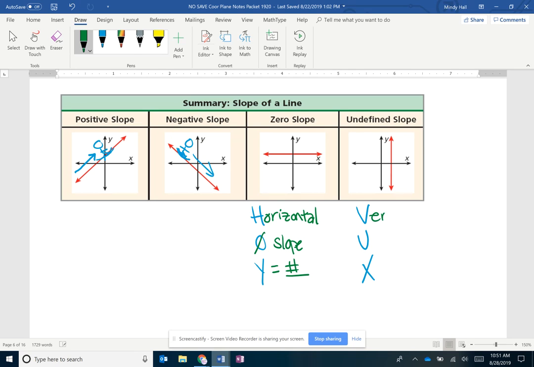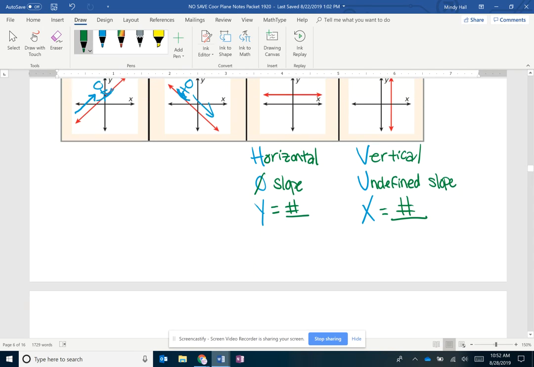The V is for vertical. With vertical lines, you always have an undefined slope, and the line is always represented by an equation x equals some number. So if you remember HOY-VUX, it can help you remember all of your rules for horizontal and vertical lines.